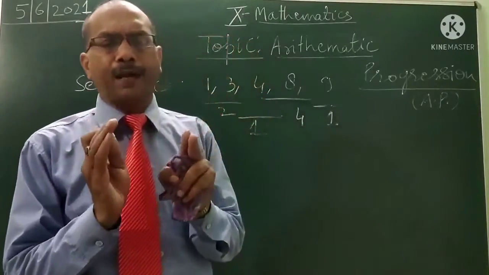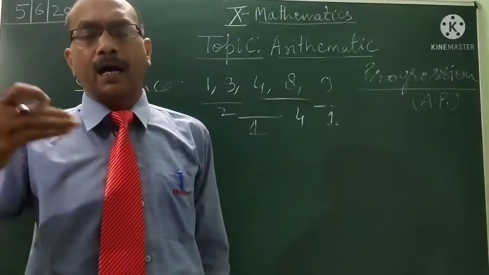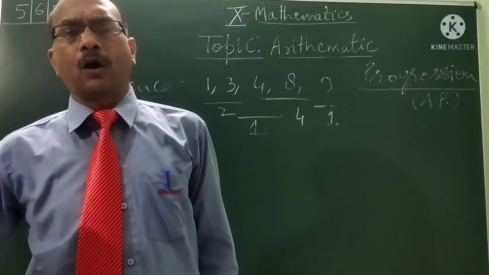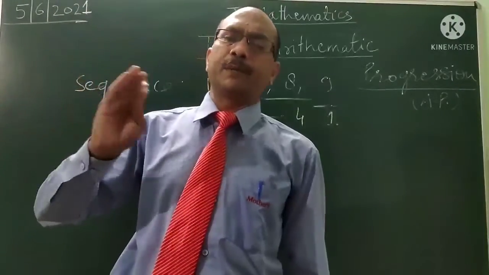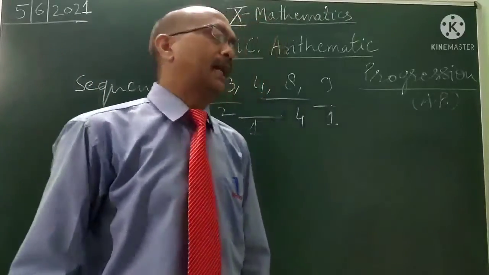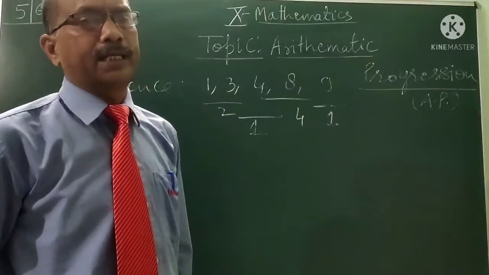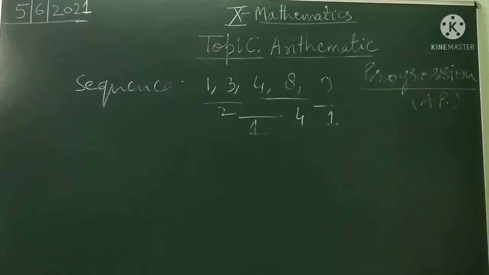If the difference between two numbers, or we can say the difference between two preceding numbers, is the same, then it is called an AP. So let us write an AP here.